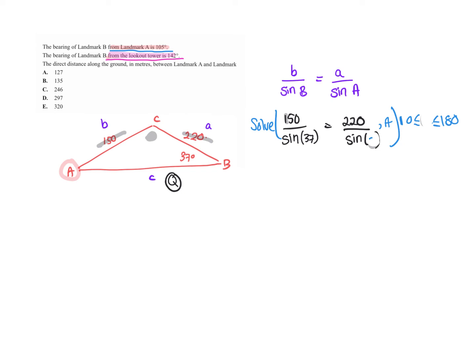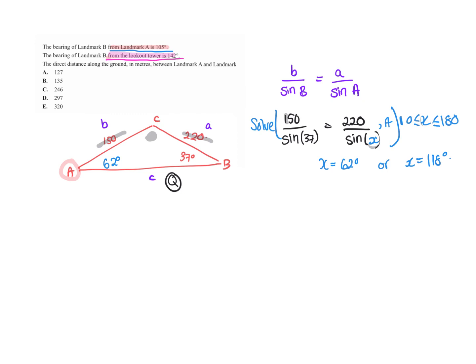So we do that and we get X could equal, rounding, 62 degrees, or X could equal 118 degrees. So we're going to take the 62 because we can see in the triangle that it's not 118. It's not bigger than a right angle. So we'll go with that.